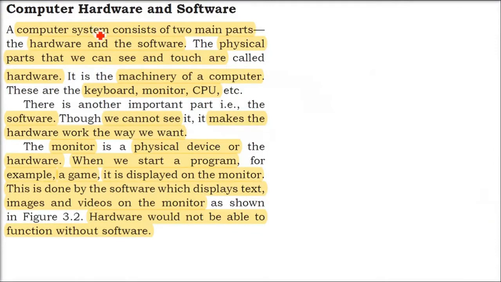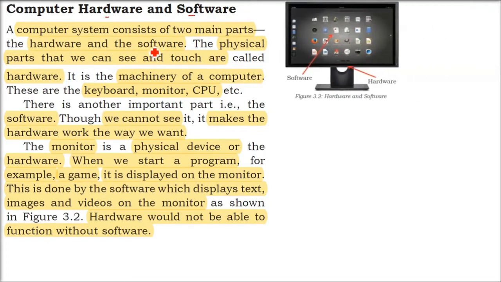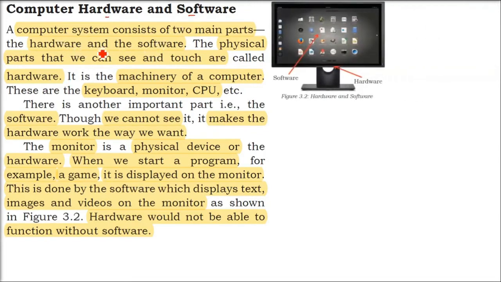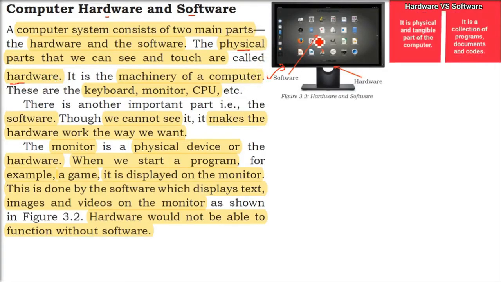A computer has two main parts, or two main pillars: one is hardware, the other is software. A computer system or computing device consists of these two main parts. The physical, tangible part which you can see and touch is hardware, like this monitor. Hard means just that: you are able to touch and feel it.